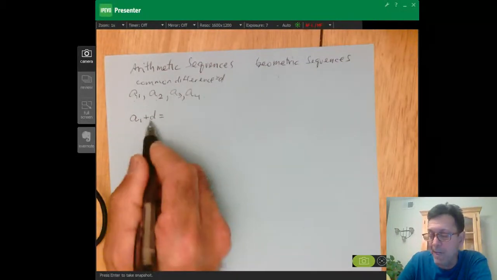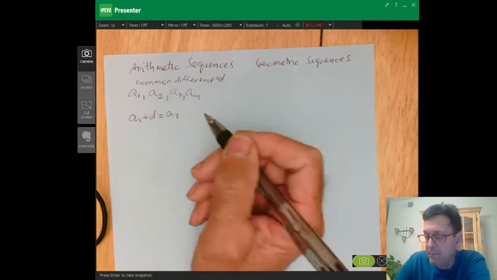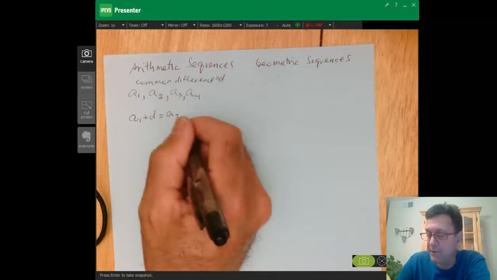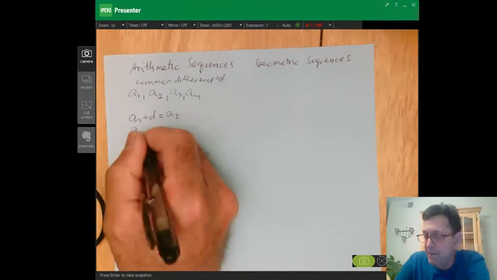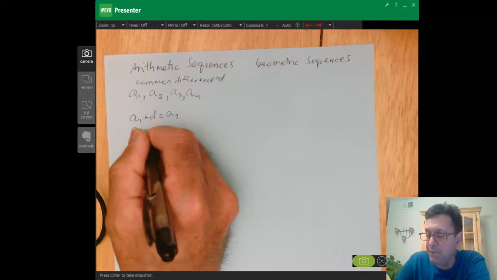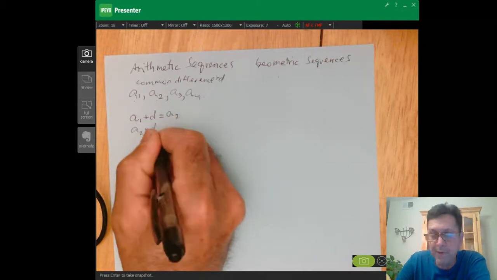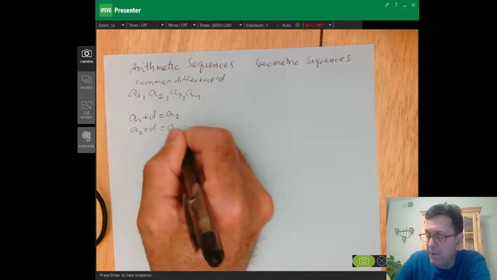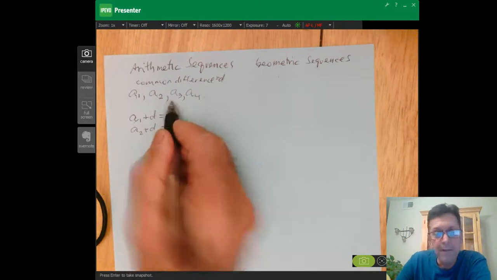So we start with this one, we add D, we get A2, or A sub 2, second term. Once we have that, if we know what A sub 2 is, and we add the same number, D, again, now we end up with A sub 3.